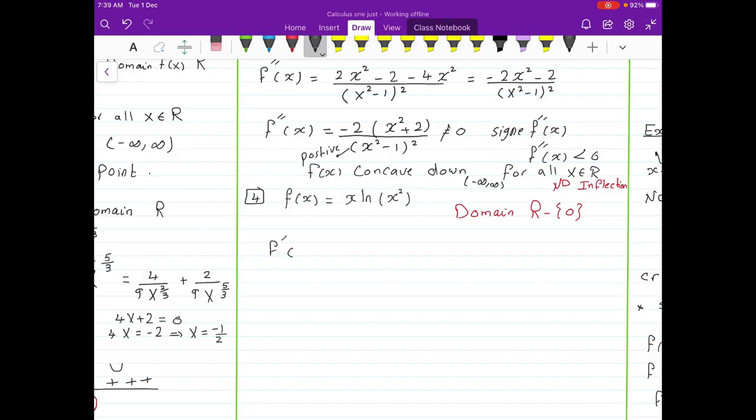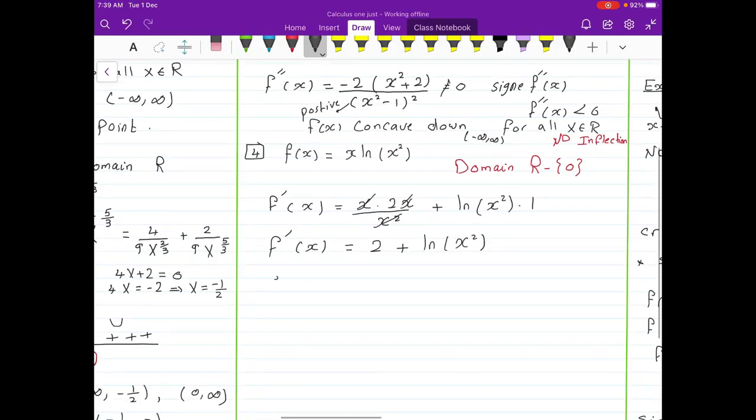Now, find f prime of x, a product of two functions. The first, x, times the derivative of ln x squared, 2x over x squared, plus ln x squared times 1. So we can simplify: f prime of x equals 2 plus ln x squared.